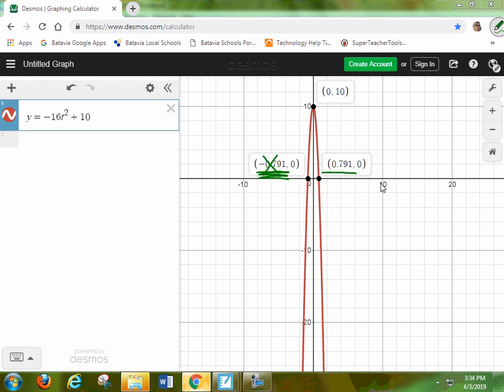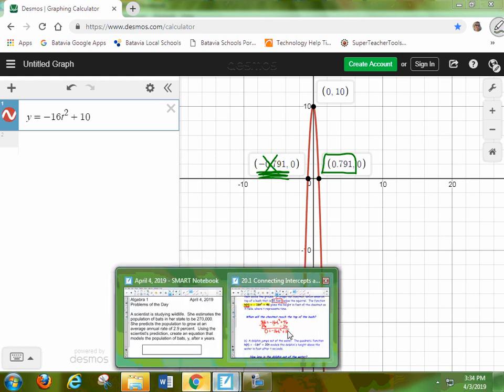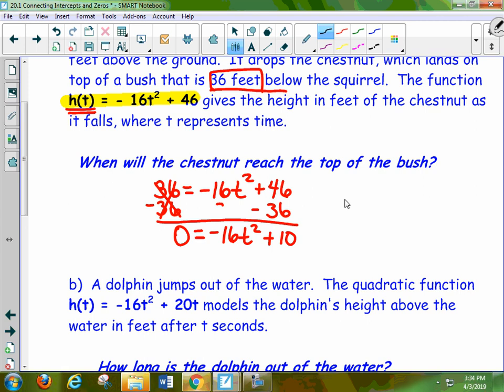So my only answer would be this 0.791. Okay, so when I go to look here at my graph, my answer is a time of 0.791 seconds is how long it would take that chestnut to hit the top of the bush.